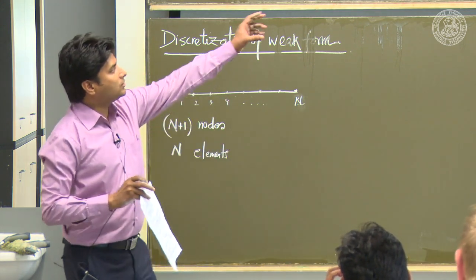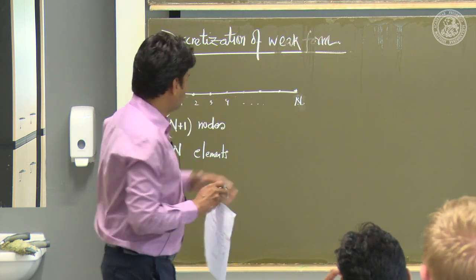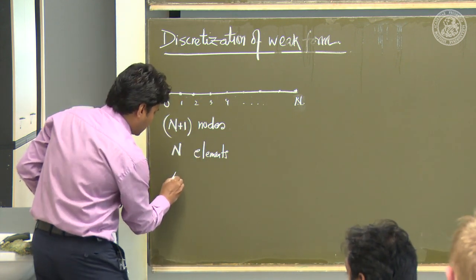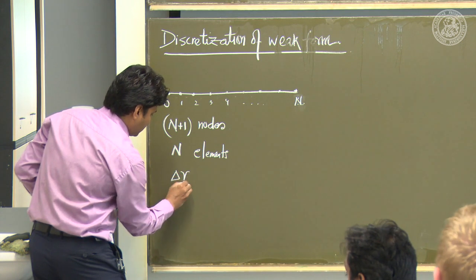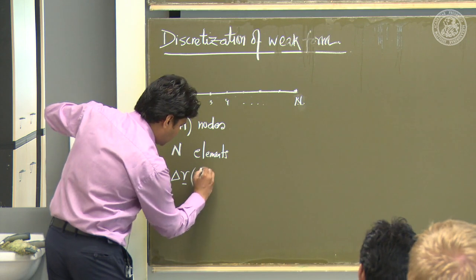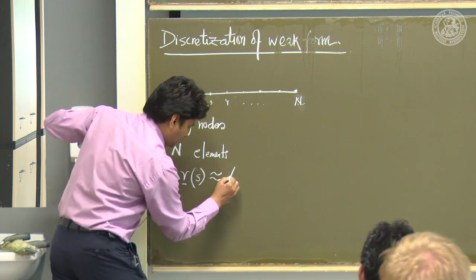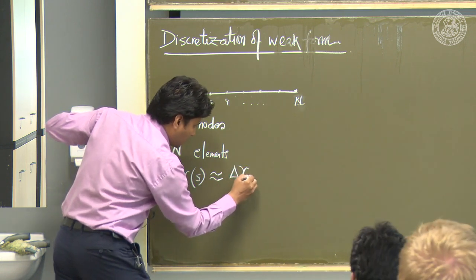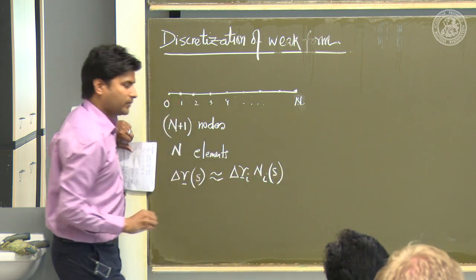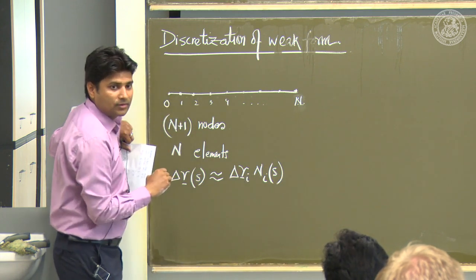Then we have to discretize our variations and the increments. So you will write your delta r, which is your increment, which is a function of s, isn't it? So we are going to write it as some delta r_i N_i of s, where N_i's are your shape functions.